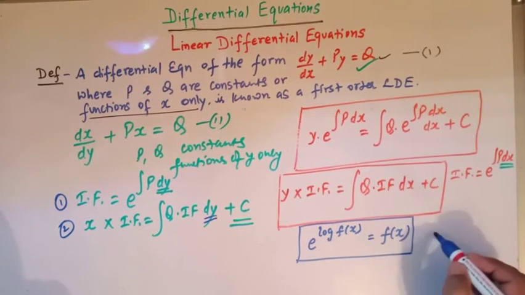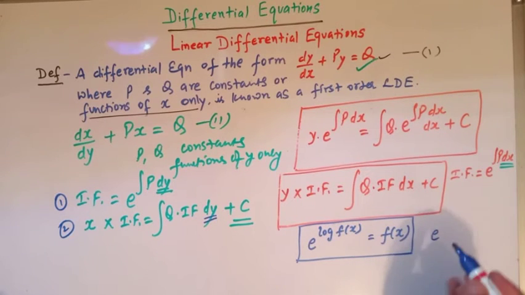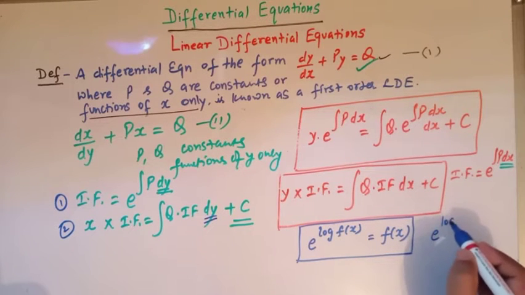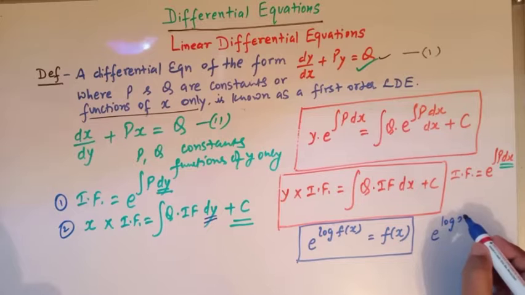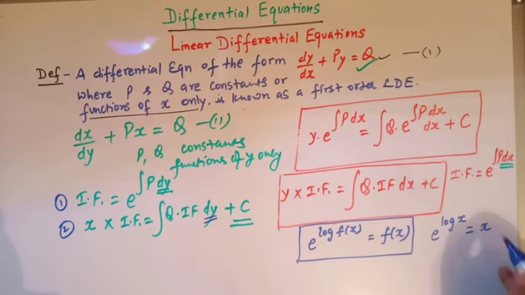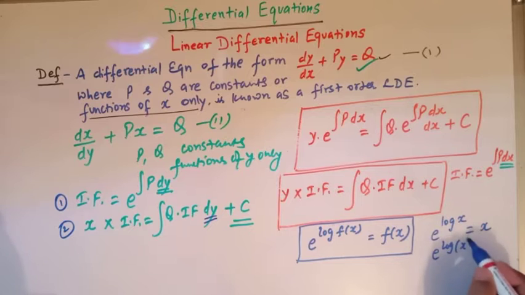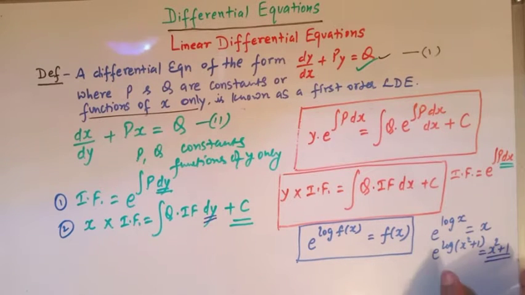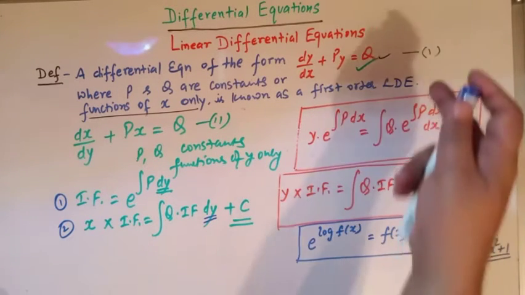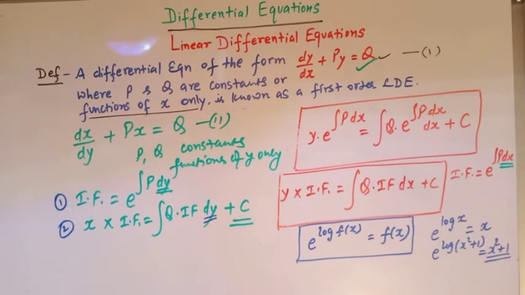For example, if we have an expression like e raised to log of x, then it is equal to x. Similarly, if we have e raised to log of x square plus 1, we have x square plus 1. Clear? So keep this important property in your mind while solving problems based on equation 1 and equation 2.